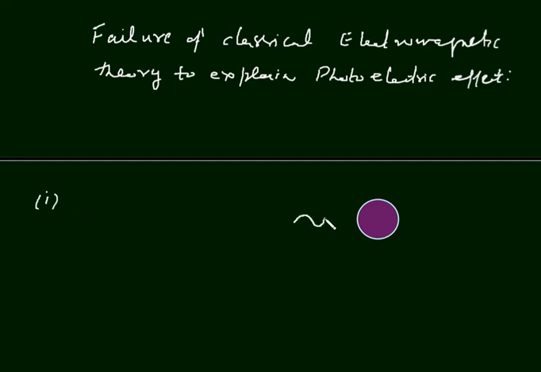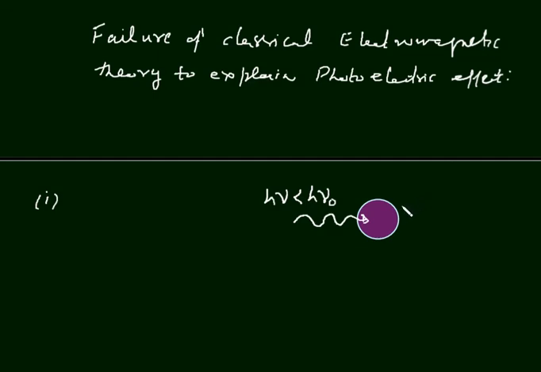let light of energy h nu, which is less than the required energy h nu naught, be incident over the surface of this metal. As we know, the photoelectric effect is not possible in this case, there will be no photoelectron ejected.